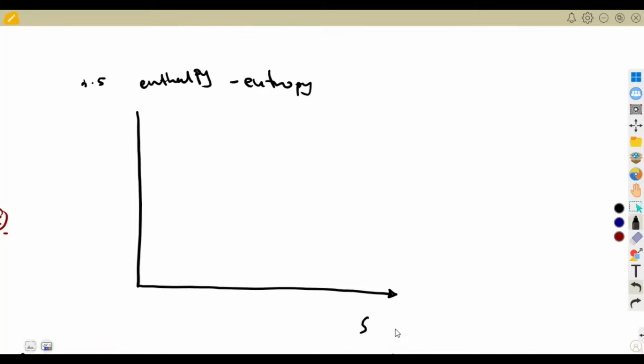Remember, entropy is S, which is measured in kilojoules per kilogram Kelvin. Then on this side, we're gonna have the enthalpy, which is H. Remember, enthalpy is H. And our H is measured in kilojoules per kilogram.